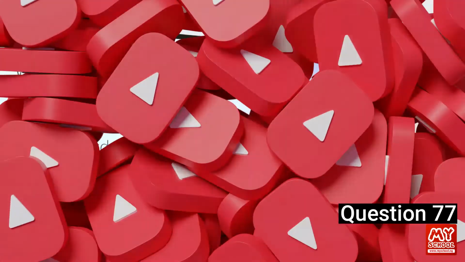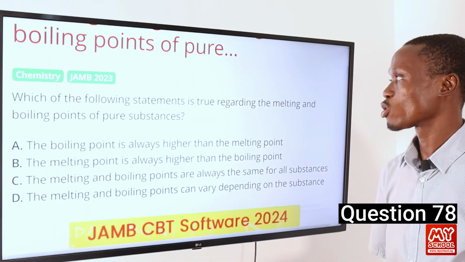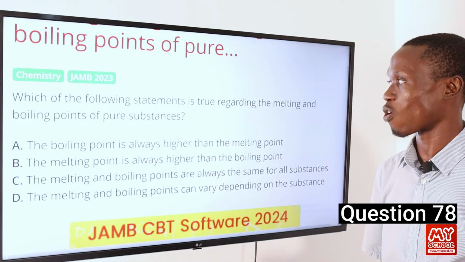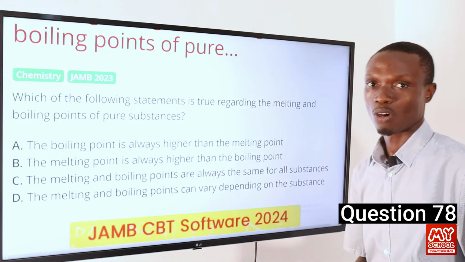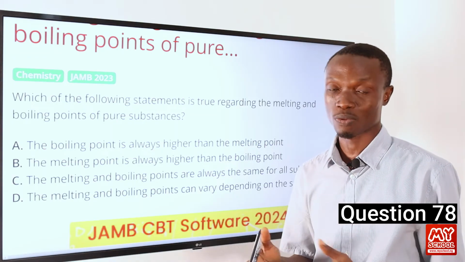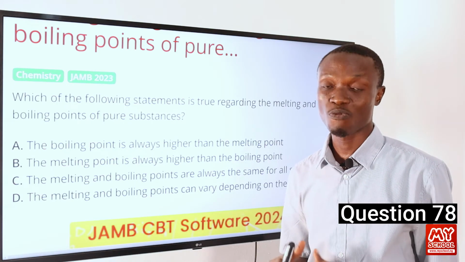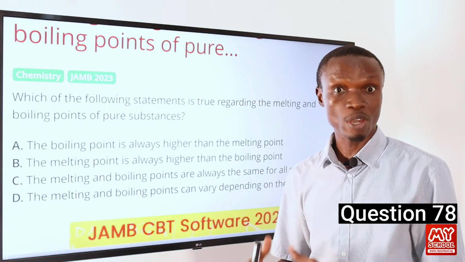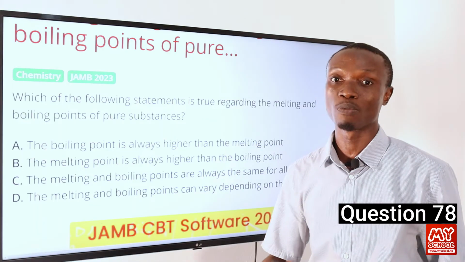tetrachloromethane. Question 78. Which of the following statements is true regarding the melting and boiling points of pure substances? One thing that we must know about melting and boiling point of substances is that they are specific physical properties of each substance, and can vary depending on the nature of the substance.